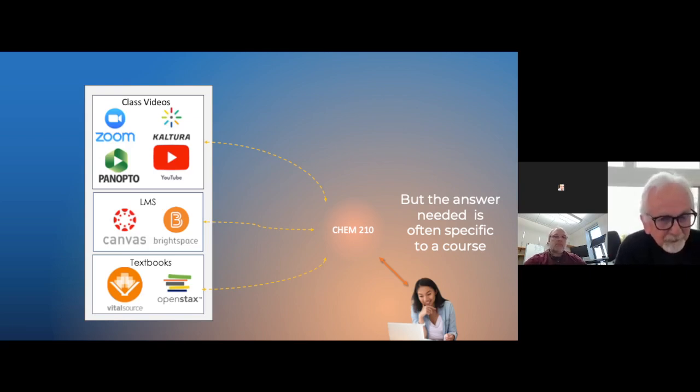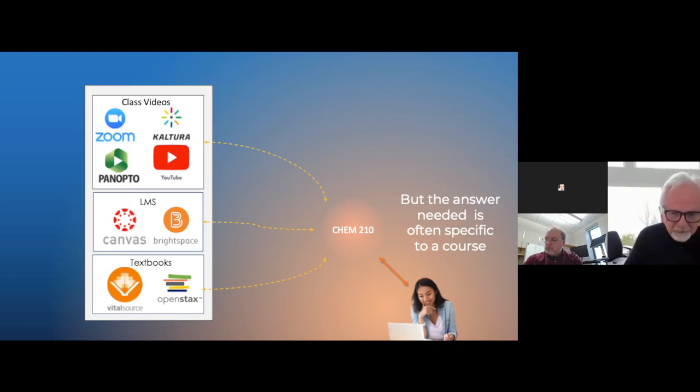Students have to identify which parts of all this information they should be studying in their limited time. How do I gain a good understanding of the content? And I'm going to spend a lot of time simply looking material up. So that's the part that Kevin and I have worked on.